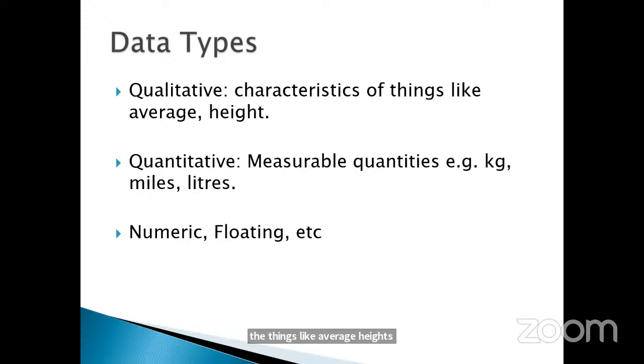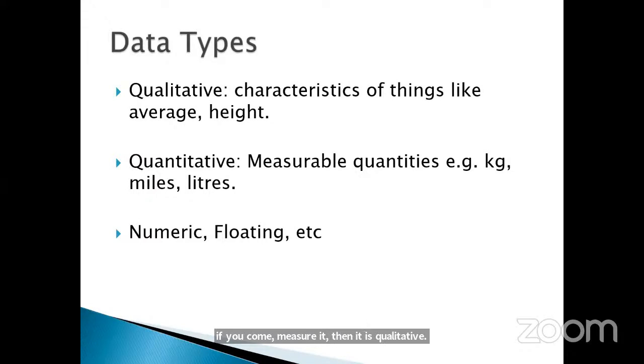And for quantitative, you're looking at measurable quantities, like my weight is 60 kg. I traveled 9 miles. I drink 2 liters of water. So if you can measure it, then it is a quantitative kind of data.